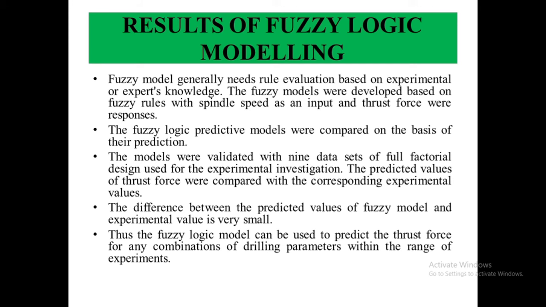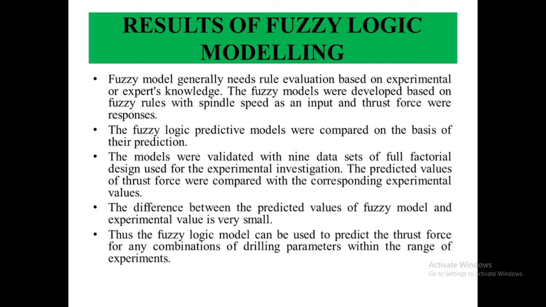Based on experience only, I can get the knowledge and frame the rules. The fuzzy models were developed based on fuzzy rules. Here, according to this problem, spindle speed is the input and thrust force is the output. The fuzzy logic predictive models were compared on the basis of their prediction. Okay, after that the models were validated with 9 data sets.